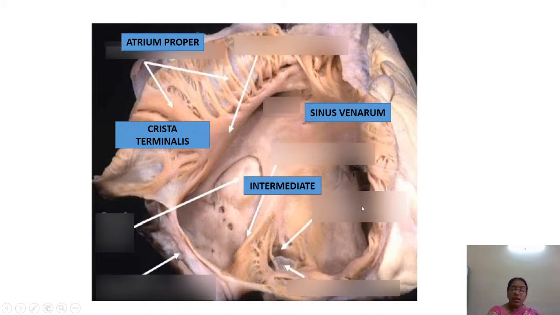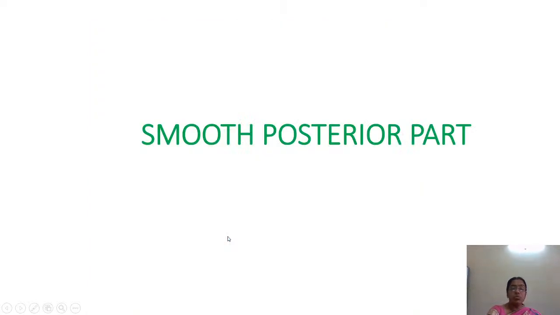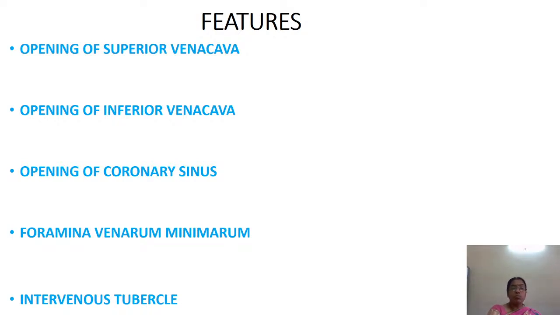So now we look at the features of each part: smooth, rough and intermediate. Let's start with the smooth posterior part which has developed from the sinus venarum.